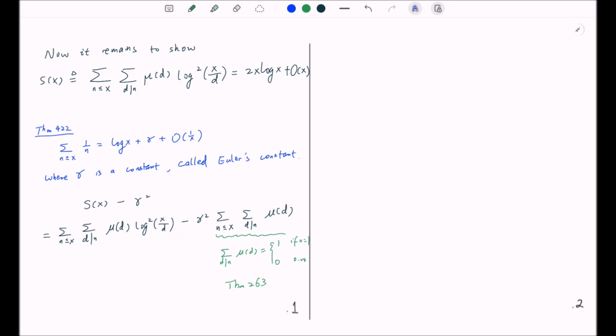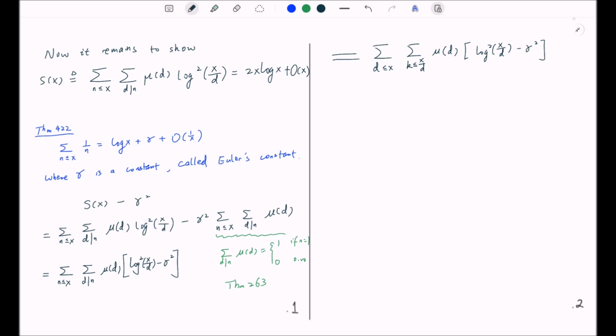Now we combine these two. And we perform a change of variable for this double sum. We change this to, and for those who don't see this immediately, let me provide some explanations.